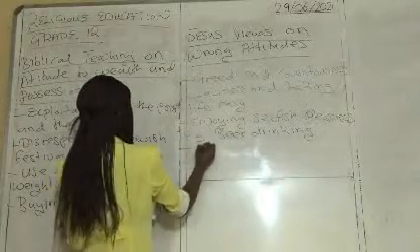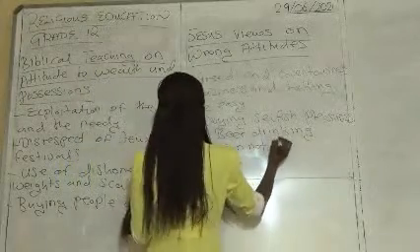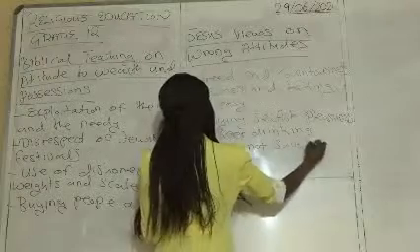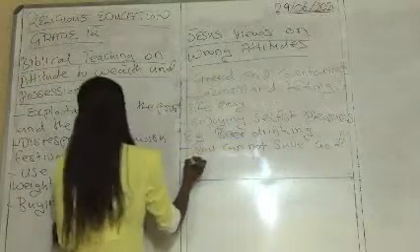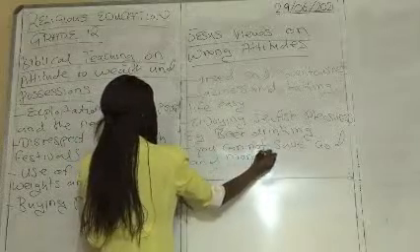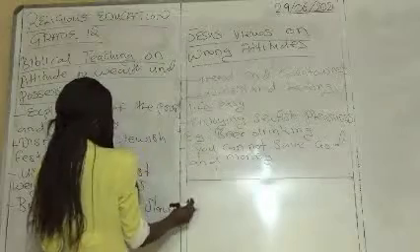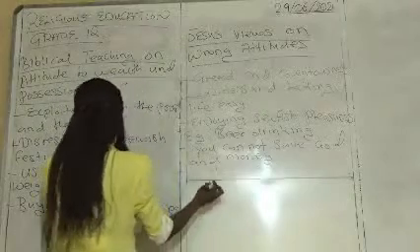Then also, you cannot serve God and money. So first, you need to put the kingdom of God first, then the remaining ones, money and positions, will follow.